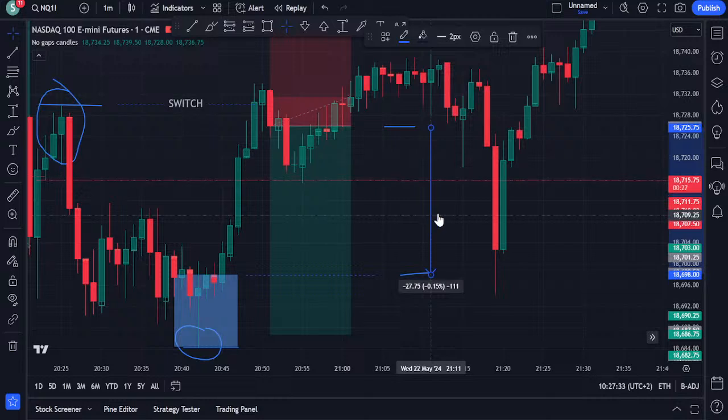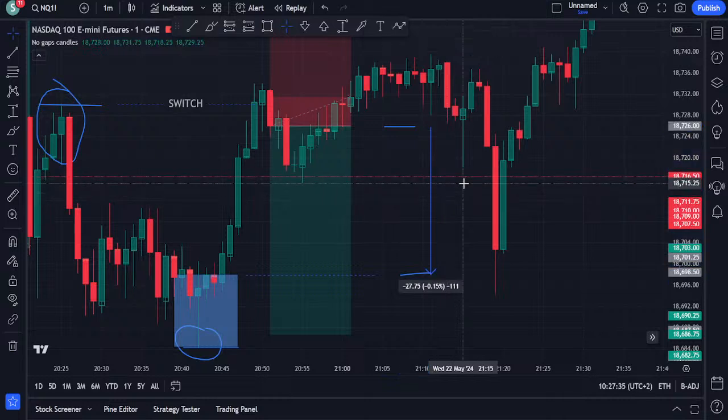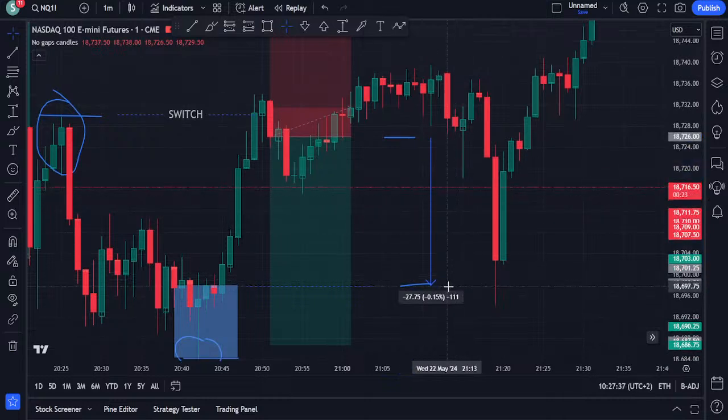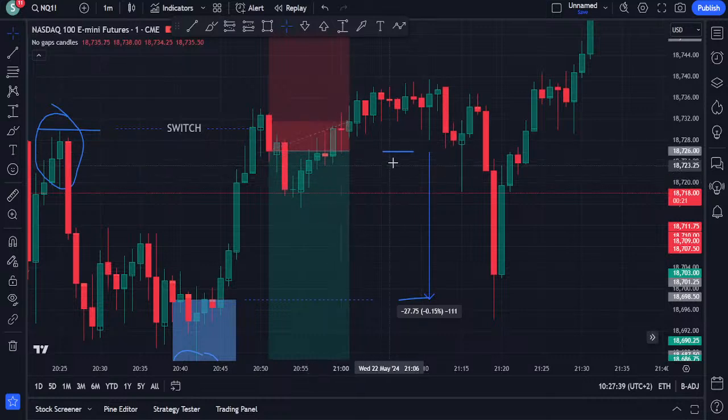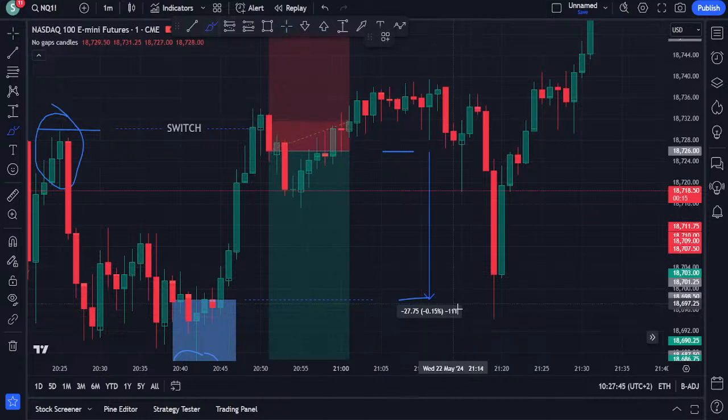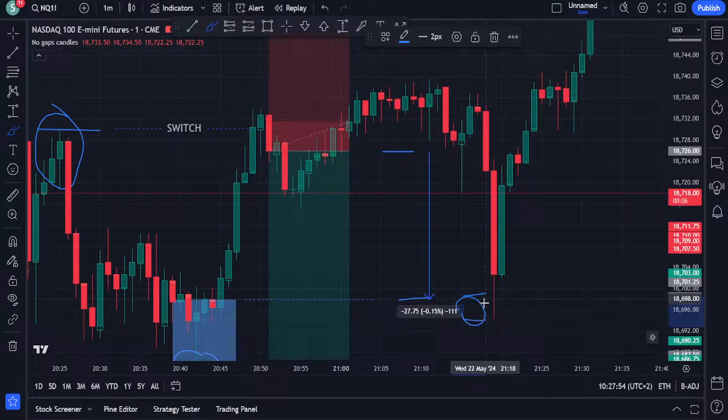That's input in the machine to dynamically trail, and when this is achieved by price, the stop is moved to 0, and if we go further down, we come all the way here. From here, this difference that we have here is the distance that the position is moved. So in this case, we would end up with this up here.